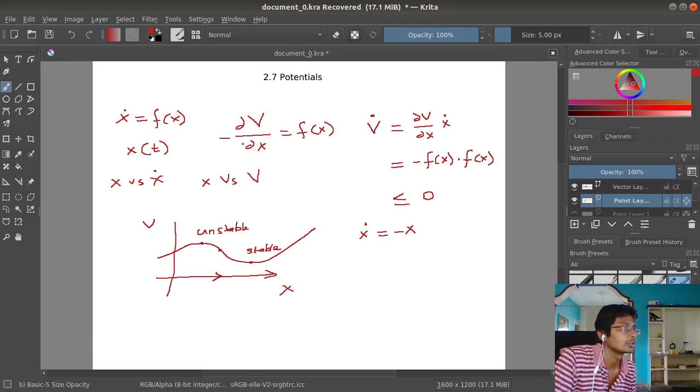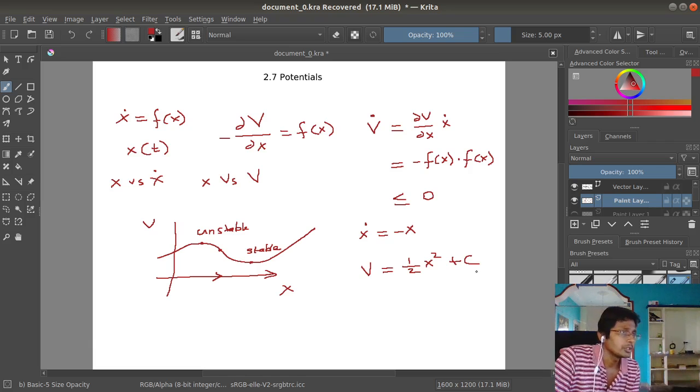From this definition, all I have to do is integrate this part, and I will get v is equal to half x square plus some constant, right?